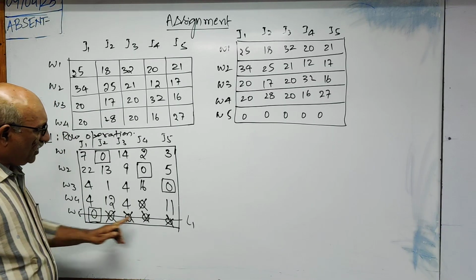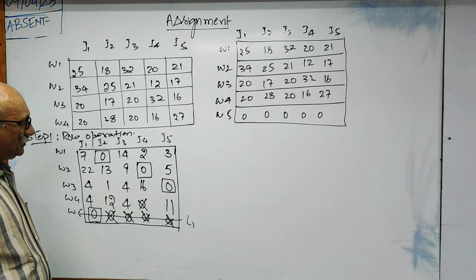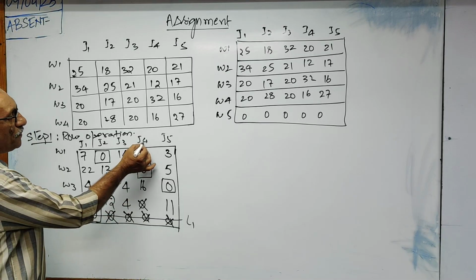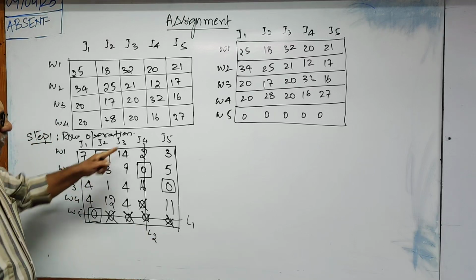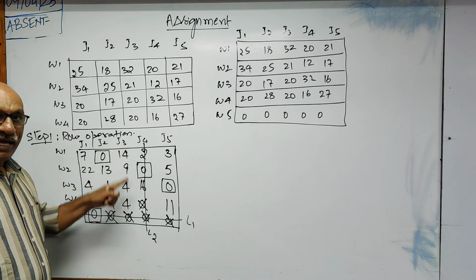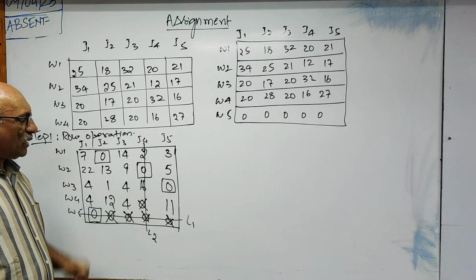With the help of this horizontal line, 5 zeros are covered. Next, vertically for the fourth column another line is drawn so that 2 zeros are covered.